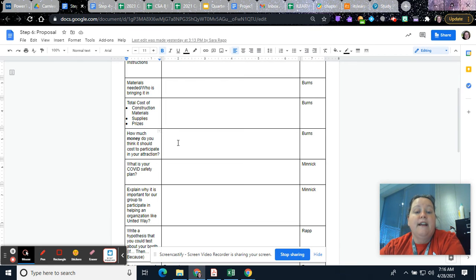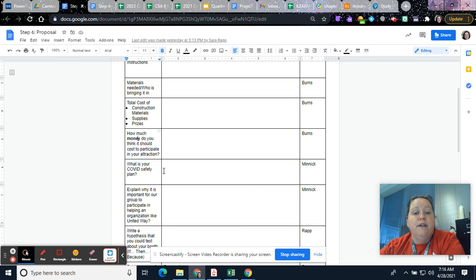Okay, so keep in mind that this is a fundraiser, but the people who are coming to do this are people like you. So think about how much money you would bring to a carnival and how much you would be willing to pay. You know your audience pretty well because your audience is middle school students. So keep that in mind as you are thinking about how much money it should cost to participate in your attraction.